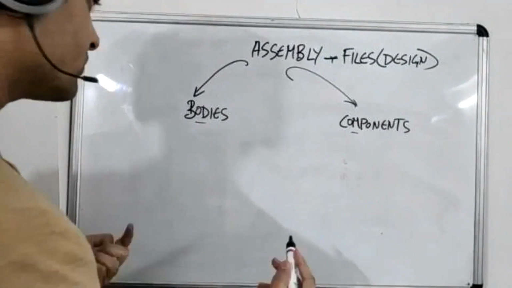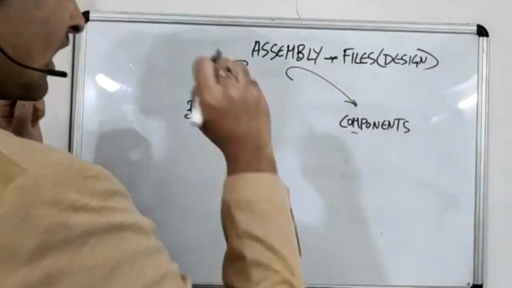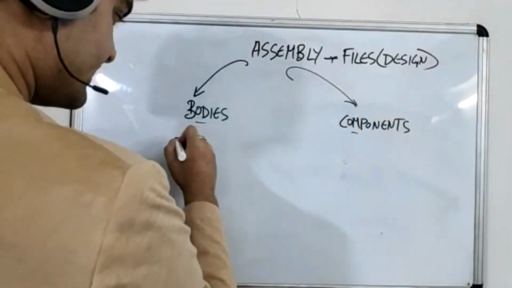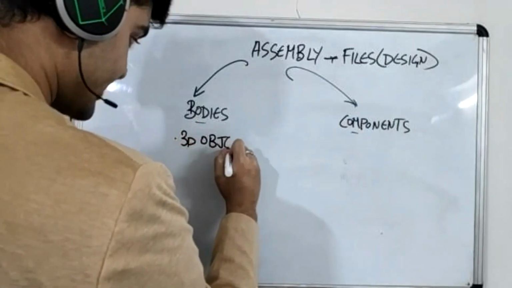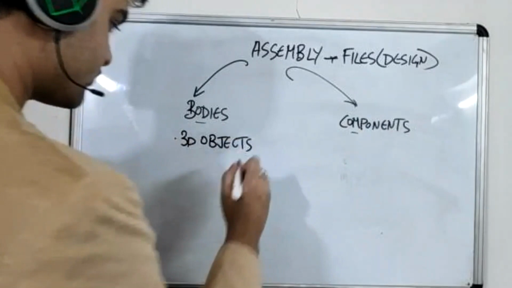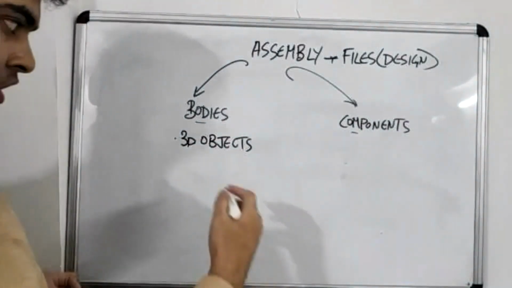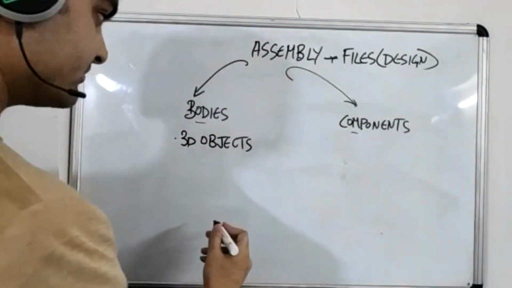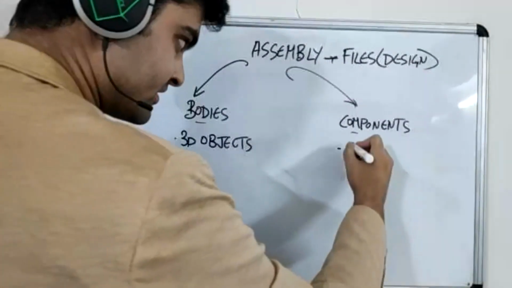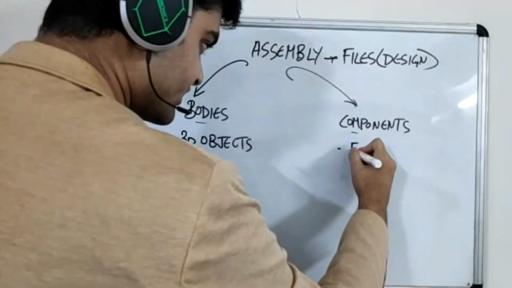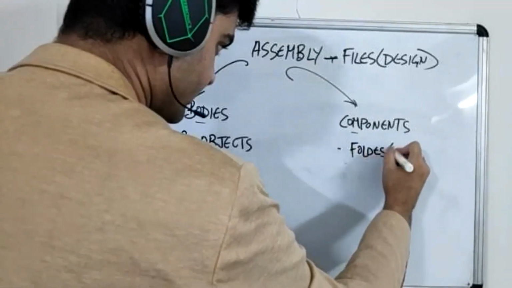So coming to bodies, think of bodies as simple 3D objects that are used for adding or removing any geometry. Whereas components can be thought of as folders or containers.